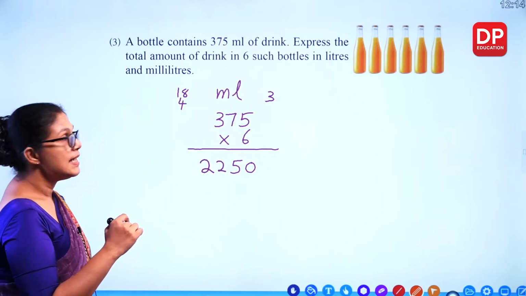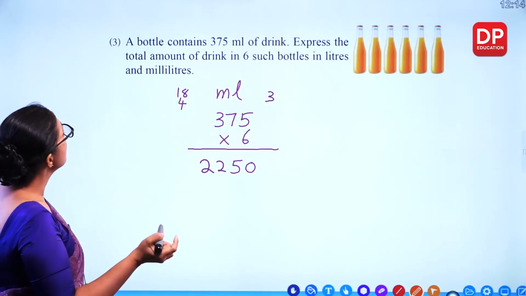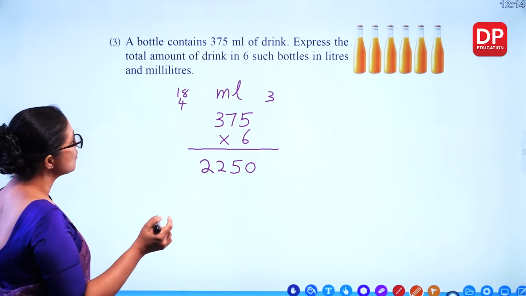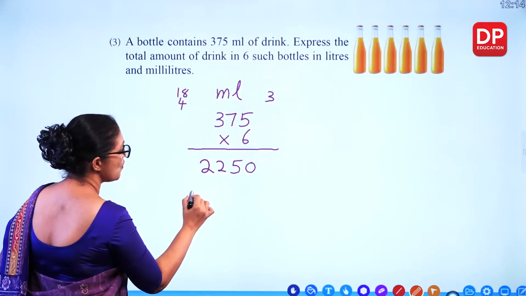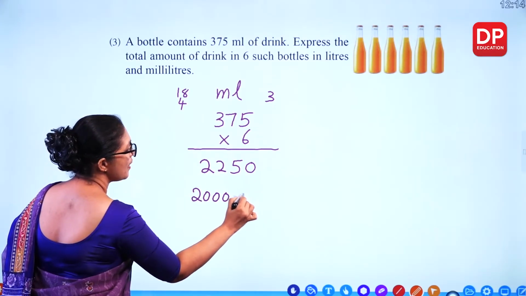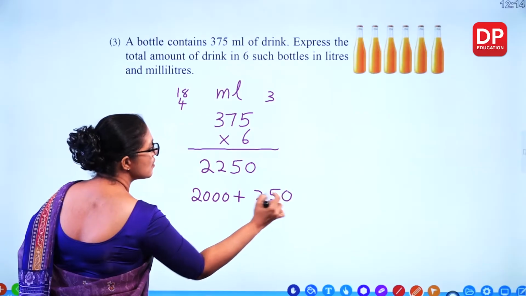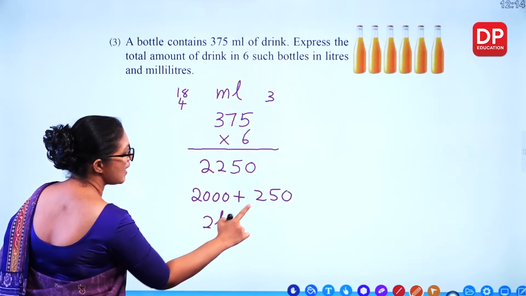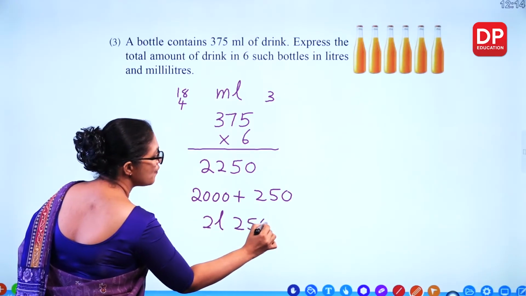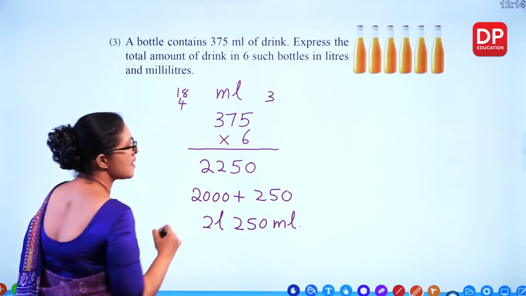This is in milliliters. Convert to liters and milliliters. I can split this into 2,000 plus 250. So this means 2 liters and 250 milliliters.